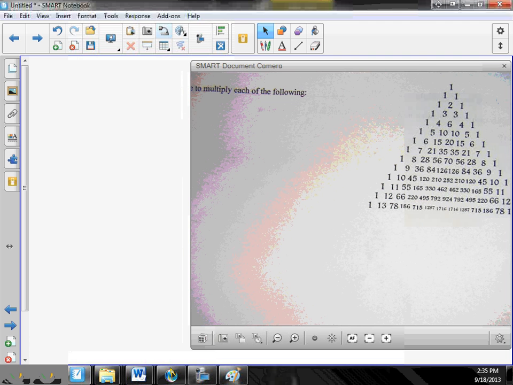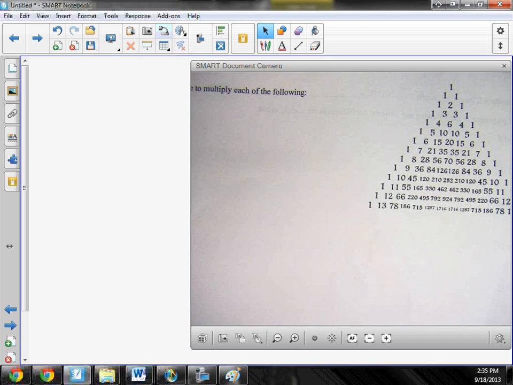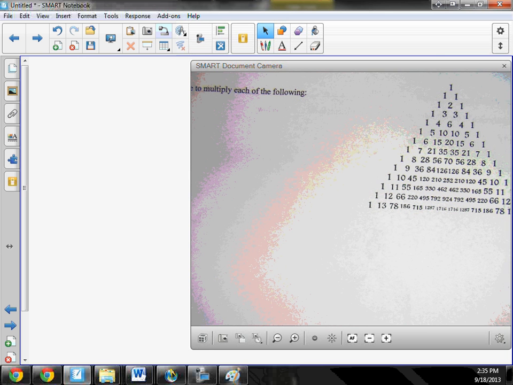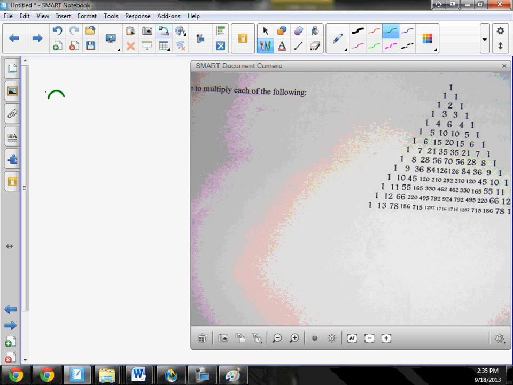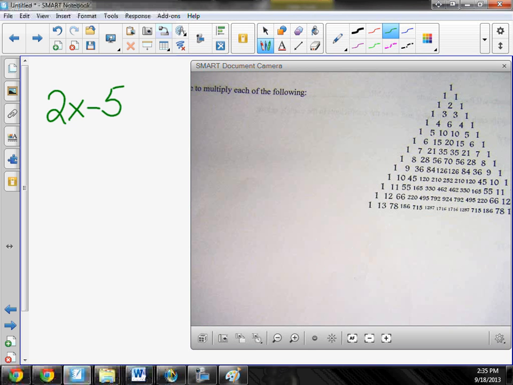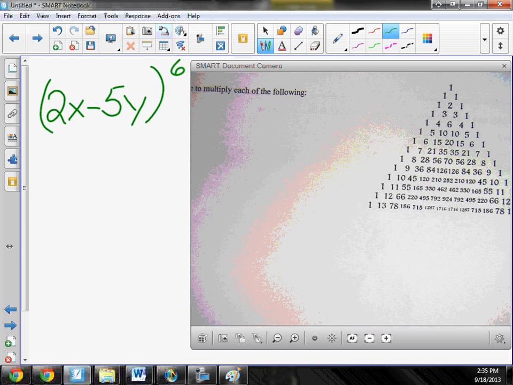So the last few problems on your assignment say expand, which means multiply all those out, just like we did yesterday. The first 2/3 of the worksheet, however, is a lot easier. So let's say that we had 2x minus 5y, and we're going to raise that to the 6th. But I don't want the whole thing.